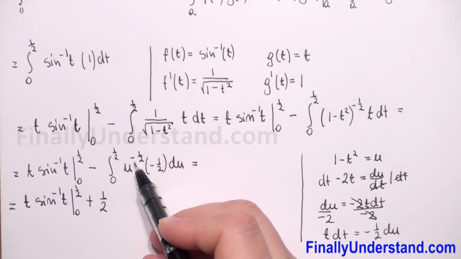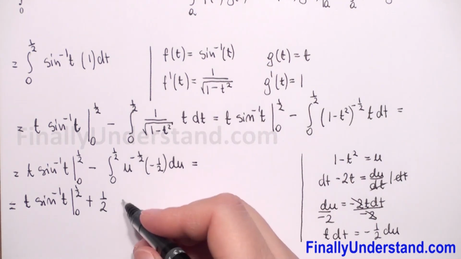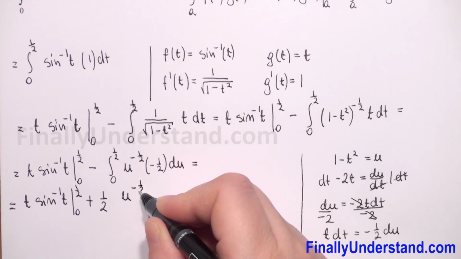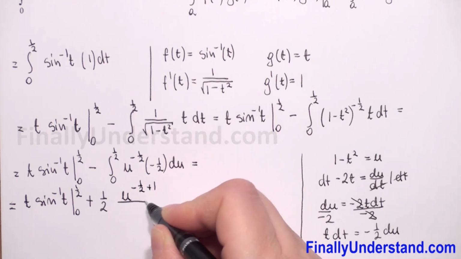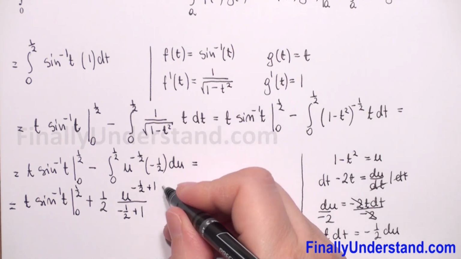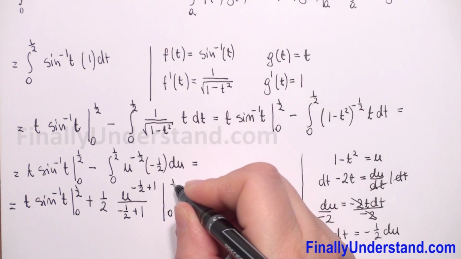So u to the power negative 1/2 plus 1 over the same exponent, and we have limits from 0 to 1/2.